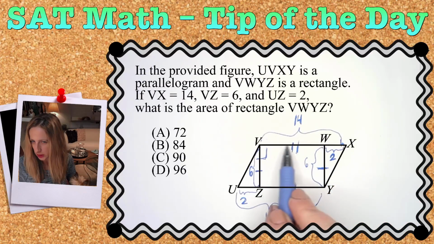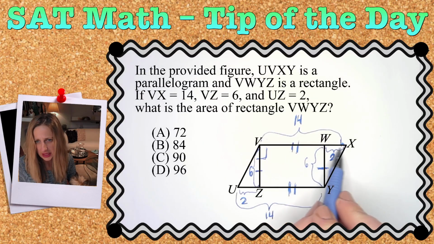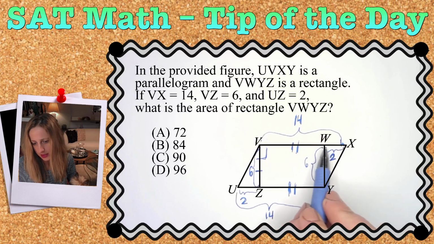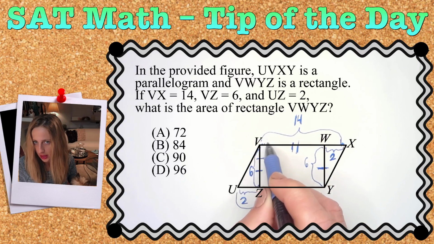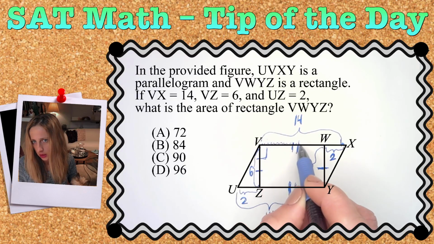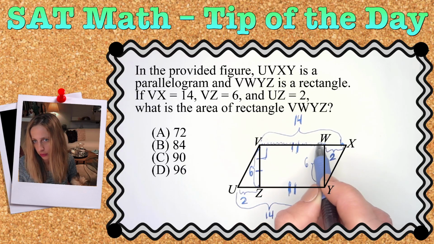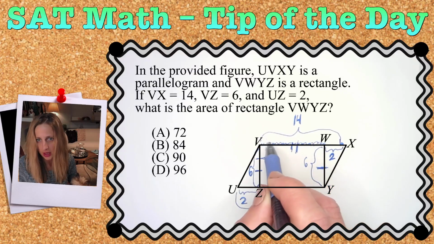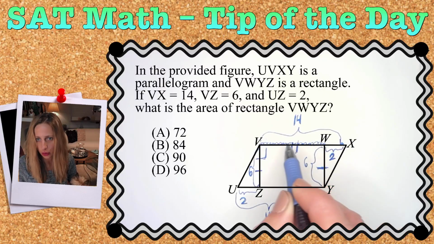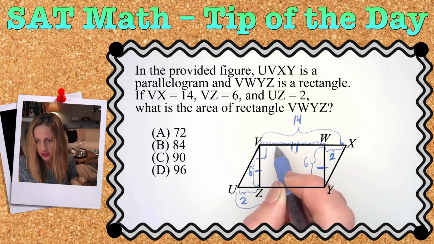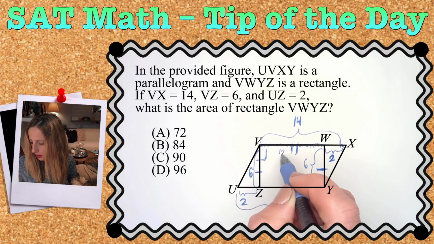So if this whole entire line is 14 and this little baby piece right here is 2, well, you should be able to conclude then that this piece from here to here, so VW, must be the length of 14 minus 2, or in other words, that piece, VW, is 12.